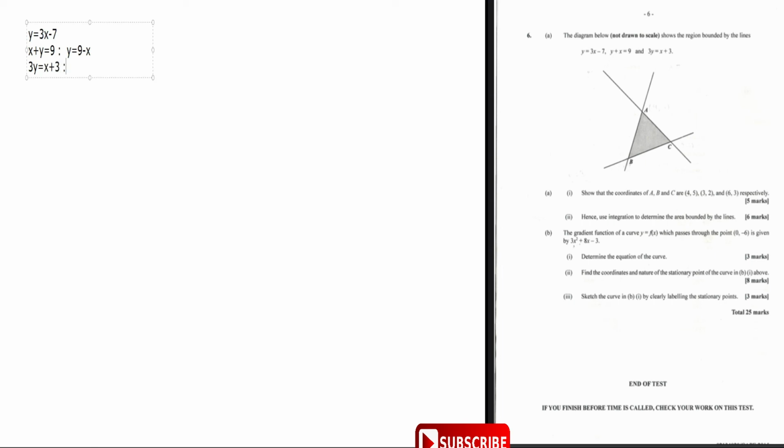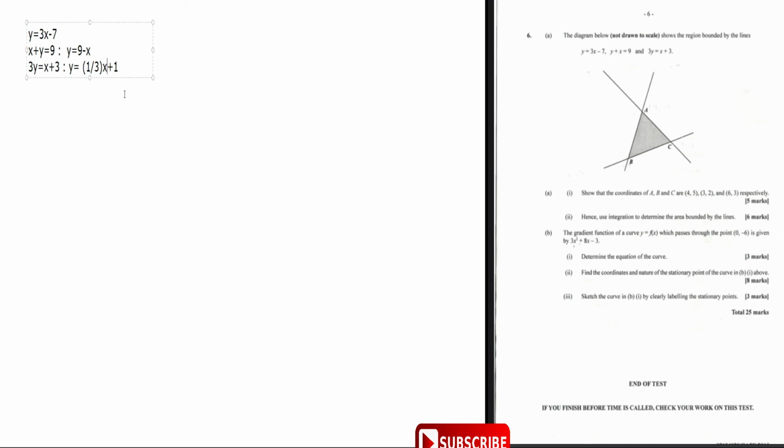I'm going to rewrite it as y is equal to 1 over 3 times x plus 1, all I do is divide through by 3. So I put all of them in standard form. It makes it easier for us to do other computations with these lines.